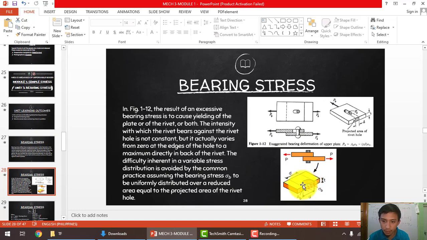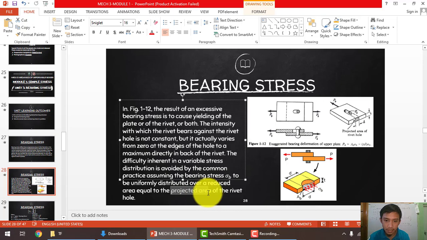Instead of the half circle, which is the actual contact, we reduce it to the equivalent projected area. This projected area is reduced to a rectangle.